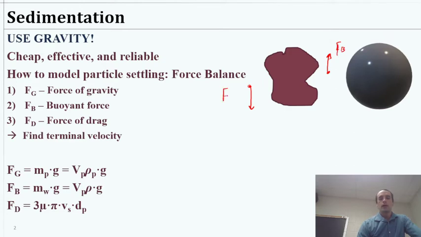Then if we have motion, we're going to have a drag force acting in opposition to that direction. So we'll say the force of drag should be upwards, assuming our particles are falling.